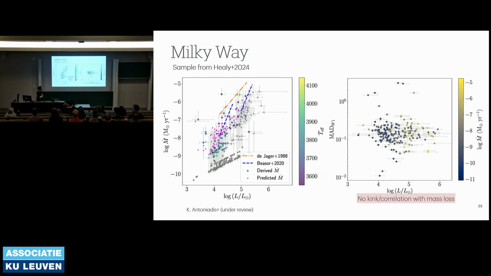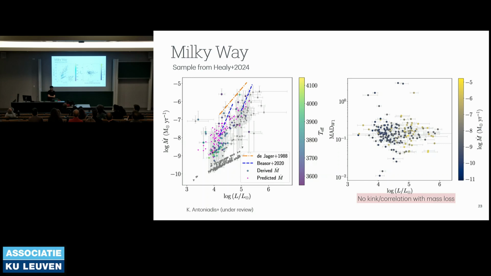And then these are the results for the galactic red supergiants. Here, the interesting part is that we don't observe any kink, and also in the MAD diagram, you don't see correlation with variability.